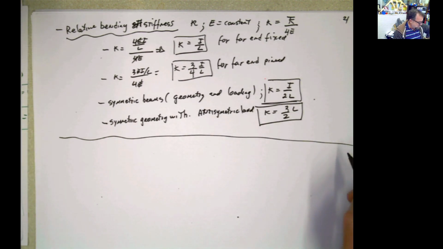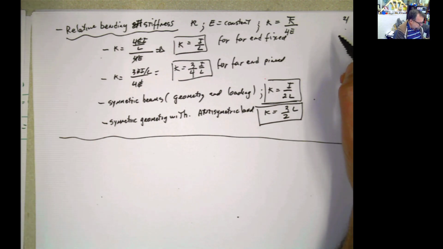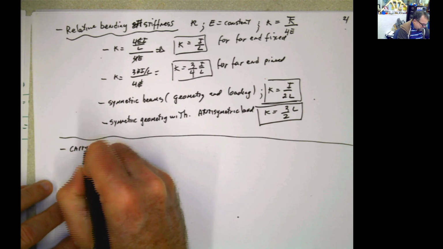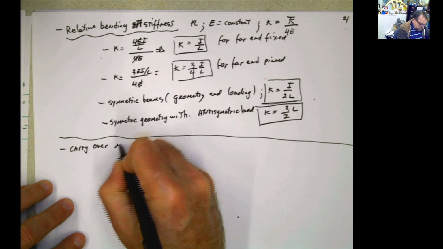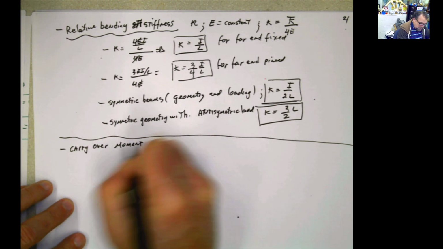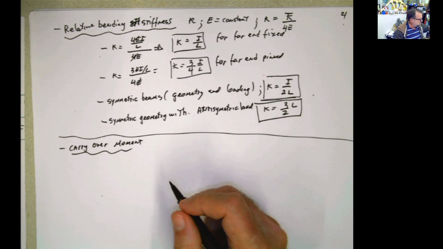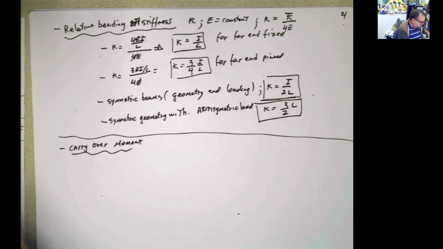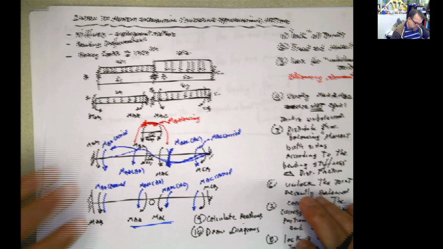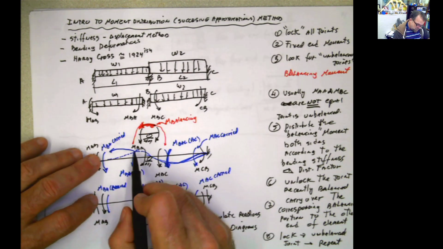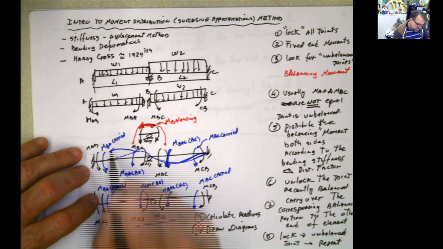We have also, this is page number 2. Now, there's another thing that is called carryover moment. If you remember the definition, the introduction to the definition when we were doing this, the carryover moment is how much moment is going from here to there.